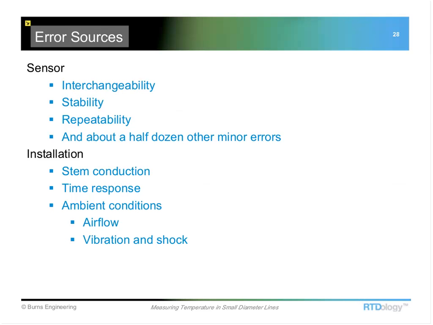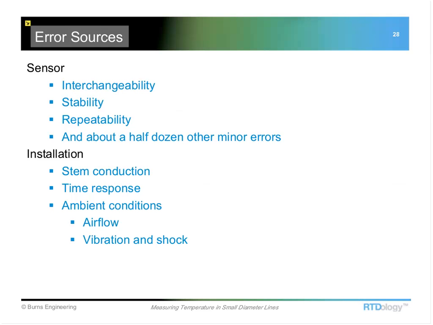So, some of the error sources, I've mentioned some of these previously: the sensor error sources and then installation. With the sensor, there's interchangeability, stability, repeatability, and then others like hysteresis and self-heating.